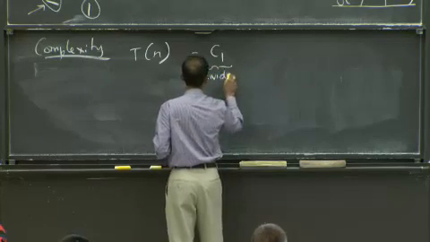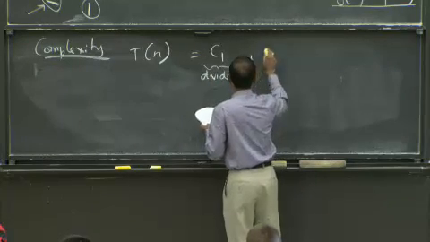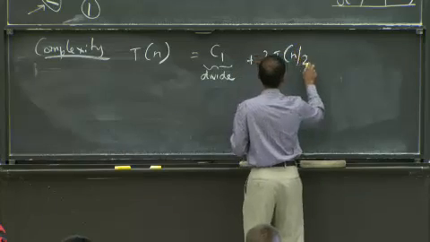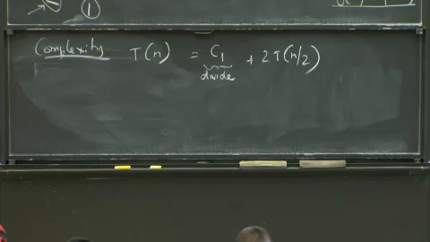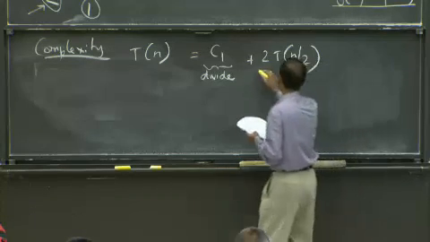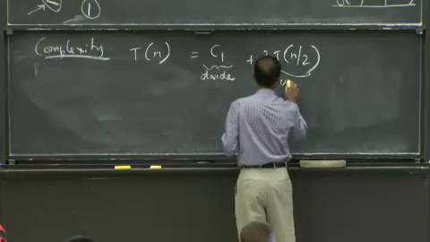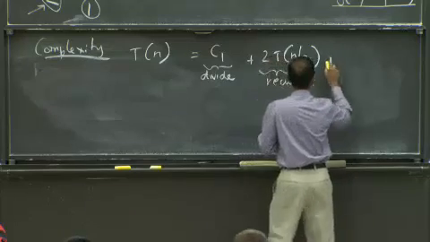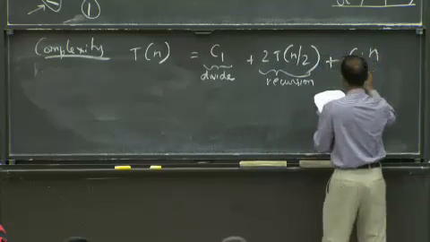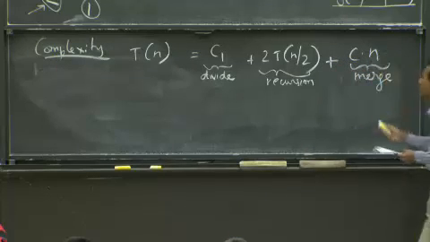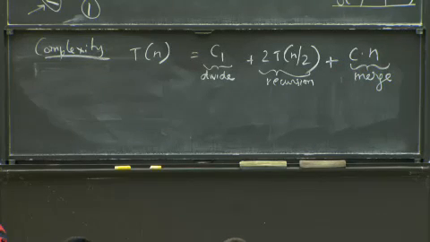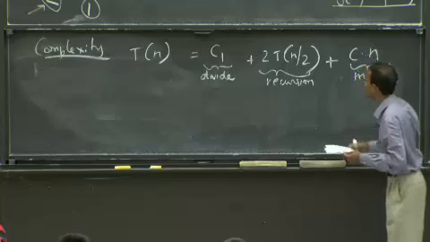This is the part corresponding to dividing the array. And there are two problems of size n over 2, so I have 2T of n over 2. This is the recursive part. And I'm going to have c times n, which is the merge part. That's some constant times n, which is what we have here with respect to the theta n complexity.